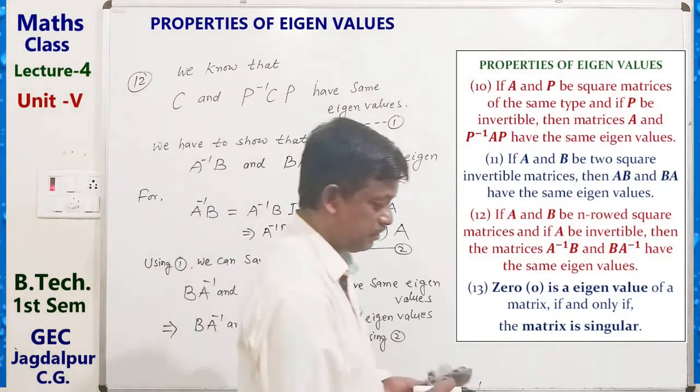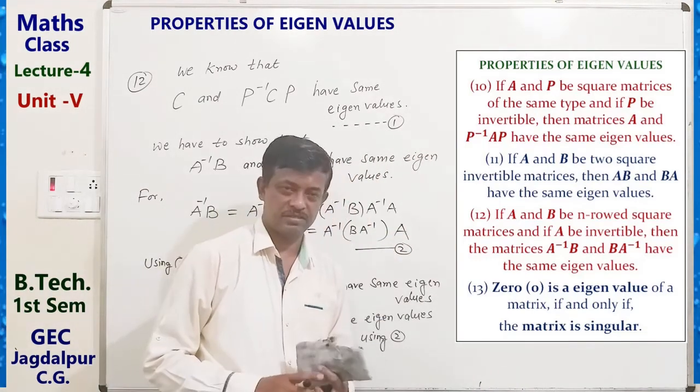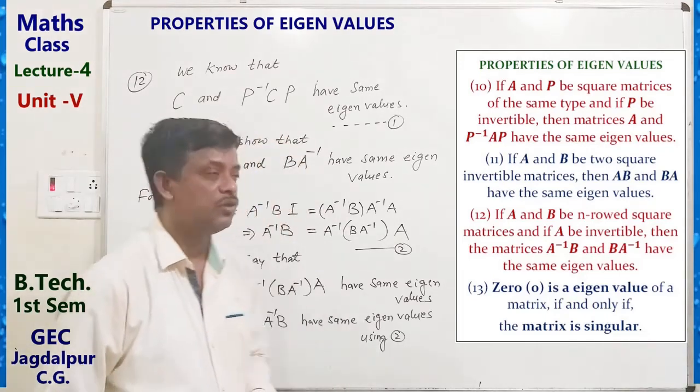Now property 13: 0 is an eigenvalue of a matrix if and only if the matrix is singular.